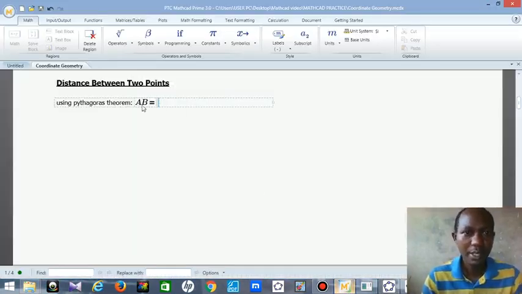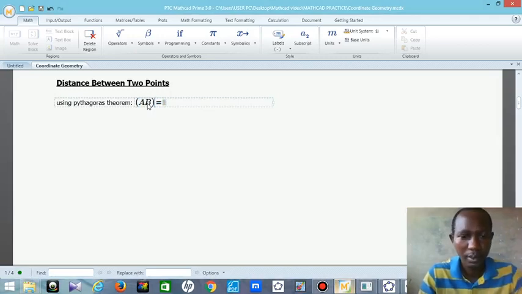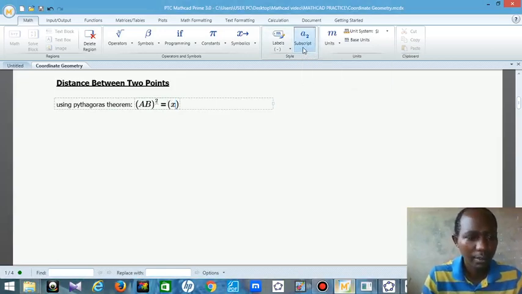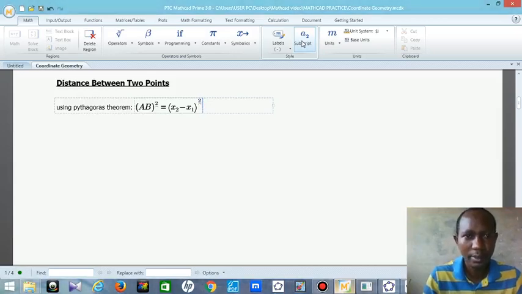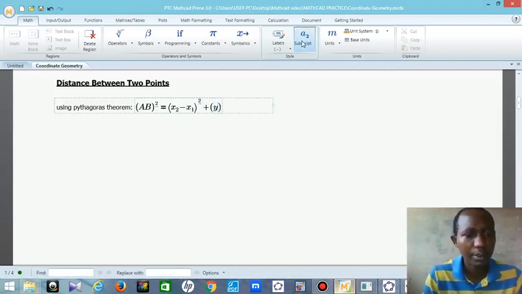So AB square, I need to put AB in brackets, AB square will be equal to the two distances I have now, put them in brackets: (x2 minus x1) squared, plus open bracket also, (y2 minus y1), put it in bracket, square it. So this is Pythagoras theorem.